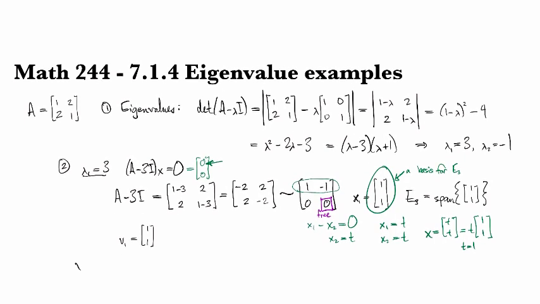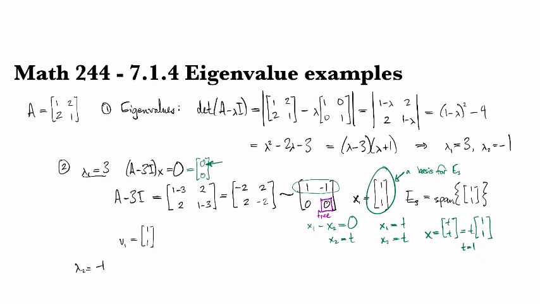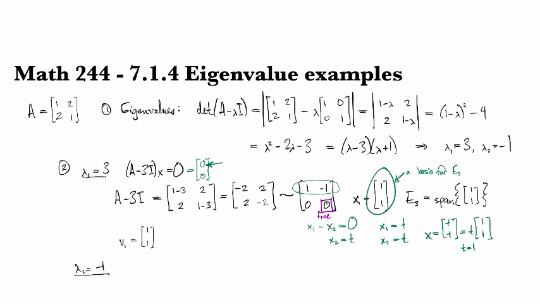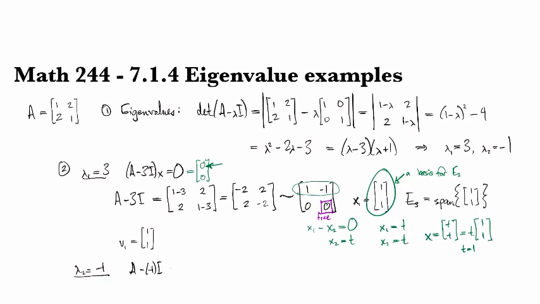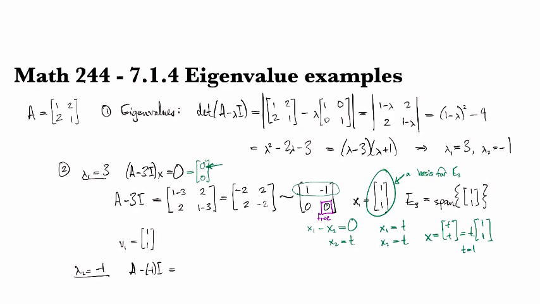We still have to do the second one, so let's look at lambda 2, which is minus 1. In this case, I'm looking at A minus negative 1 times I, which means I'm adding 1 to the diagonal.